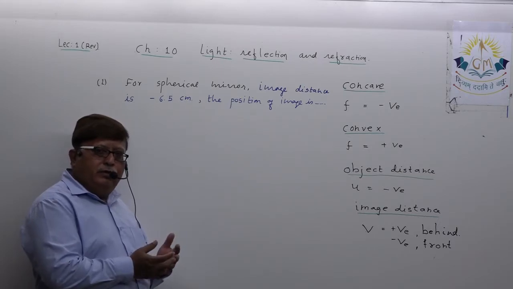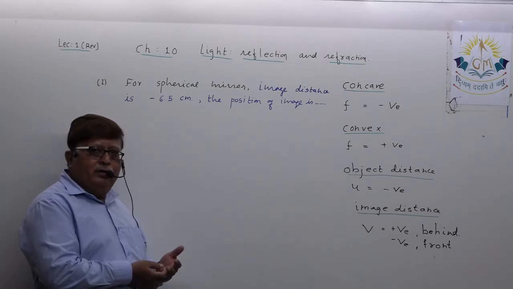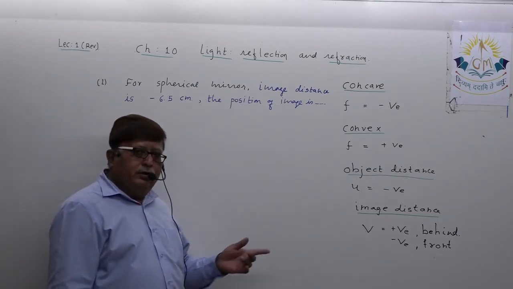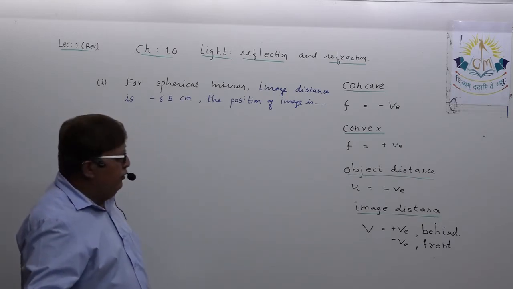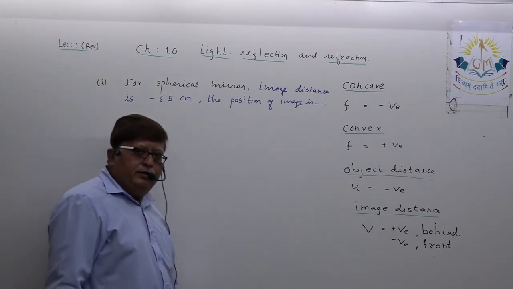So this way, a simple looking MCQ can be designed, but when you are conceptually very strong, you can answer such a question very easily, dear students. So you need to be very conscious regarding this.